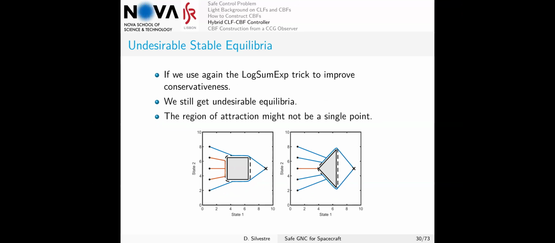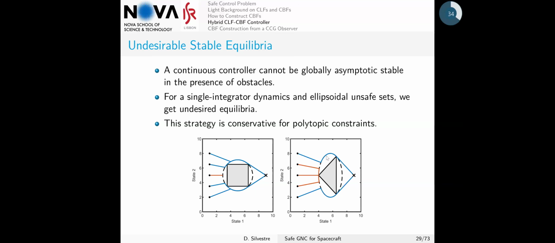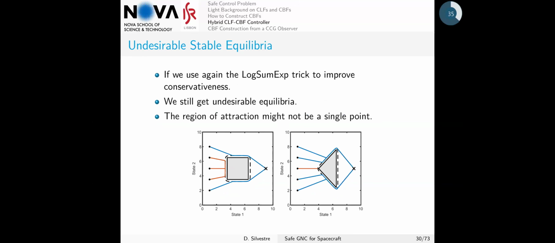Then of course you could be thinking, well, I was really conservative in placing an ellipsoid and trying to do a CBF that was just a quadratic function, so let me use something differentiable and pass everything to the other side, especially because I talked about the log-sum-exp trick. If you look at this one, that's what we did. Now we are representing the unsafe set by these four constraints: being below this, being to the left of this hyperplane, and so on.